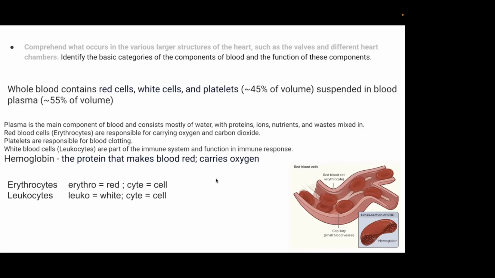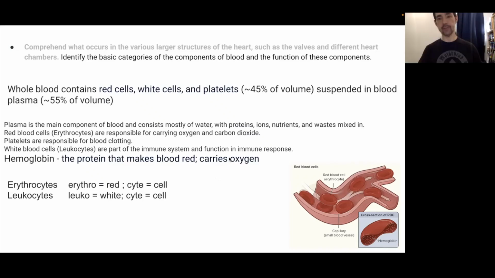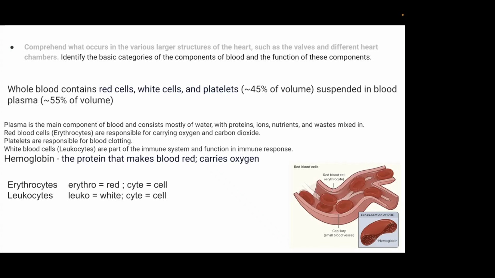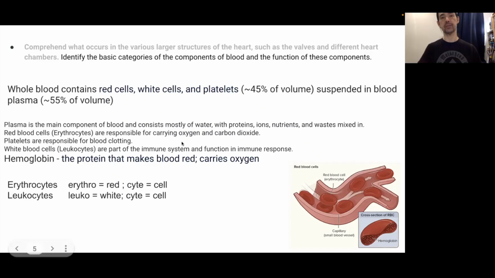For the immune system. They function in the immune response. They're part of the immune system. So if there's an infection, what is the job of the white blood cells, broadly speaking? To fight it off, or to use the terms like immune system or immune response or function.